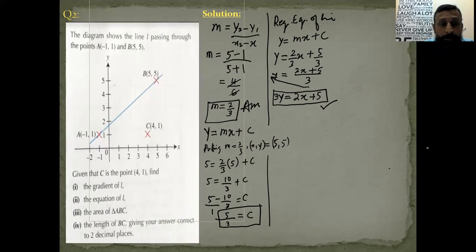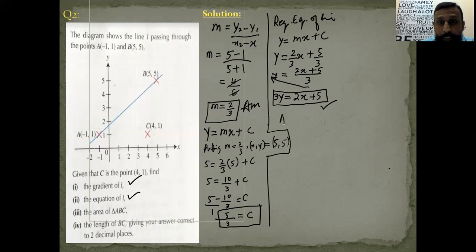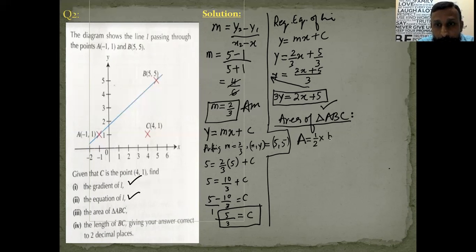So we did part 1, we did part 2. Now, a very important part 3, find out the area of the triangle ABC. Okay, now, how do we find area? We find area by the formula A equals 1 upon 2 multiplied by base multiplied by height.